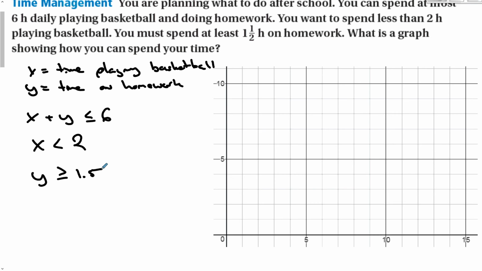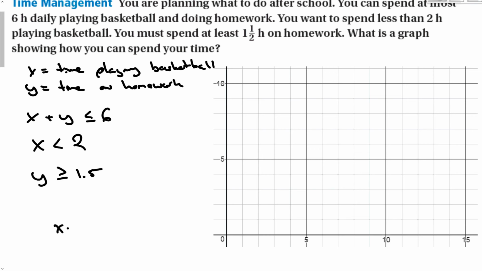Okay, so let's graph this system. That's going to be our dotted line. These two are going to be our solid lines, and then we'll see what region intersects. So let's start with x plus y is less than or equal to 6, which I can rewrite if I subtract x from both sides.